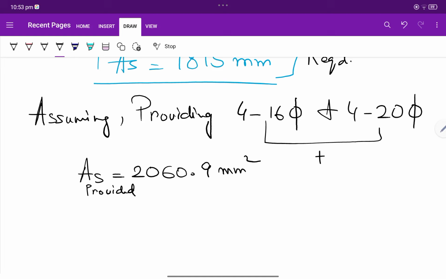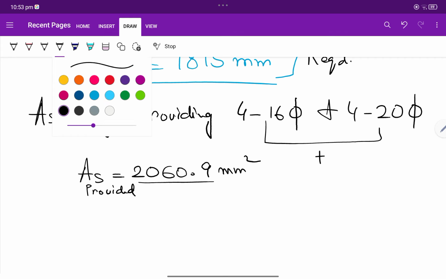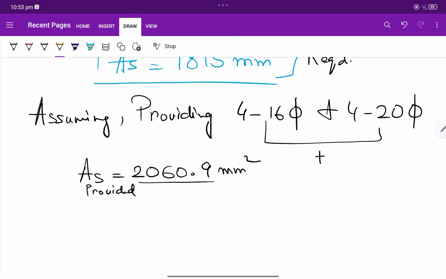If you are thinking how this value is coming, you can calculate on your own: 4 into pi by 4 into 16 square plus 4 into pi by 4 into 20 square. If you do this calculation, it will come up to 2060.9 mm square. So this is the As.